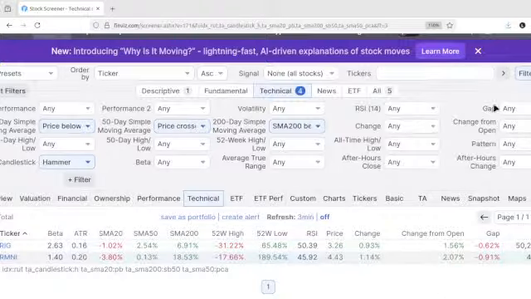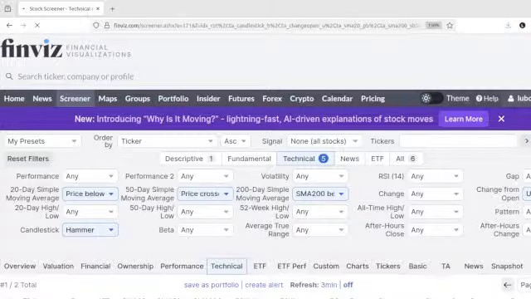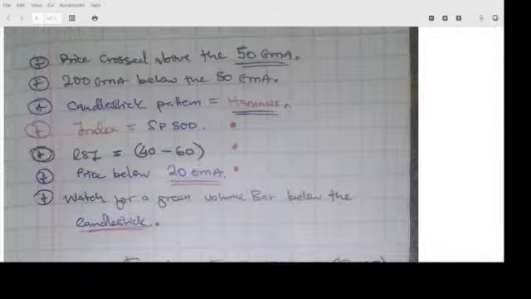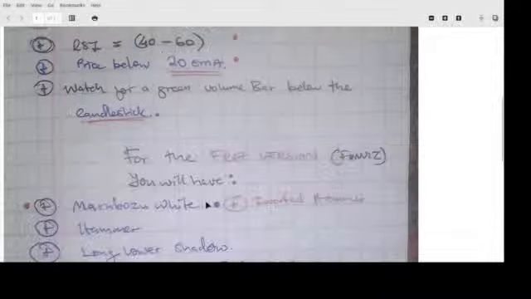So on the side here, there's something called change from open. You can just say up. That's all. What that does is it emphasizes the increase in volume, because remember this part here, you want to make sure you watch for a green volume bar on the candlestick.